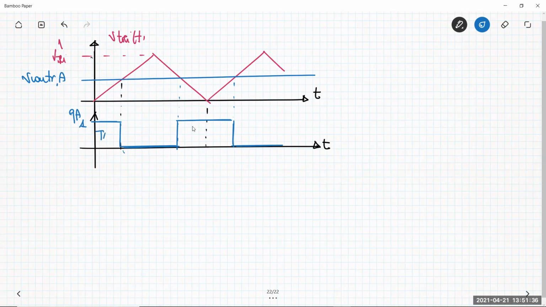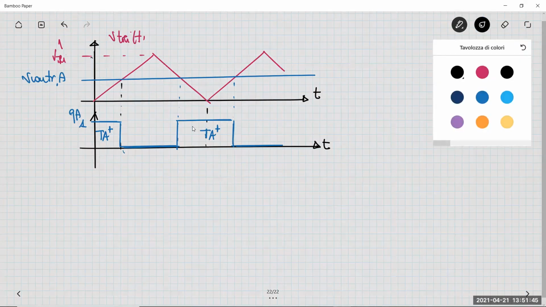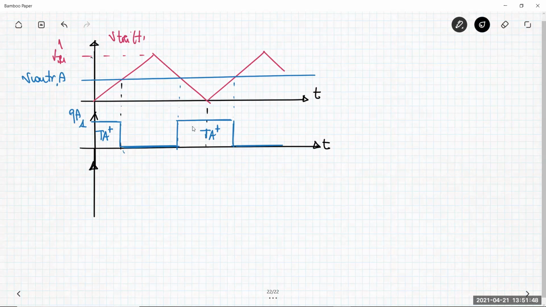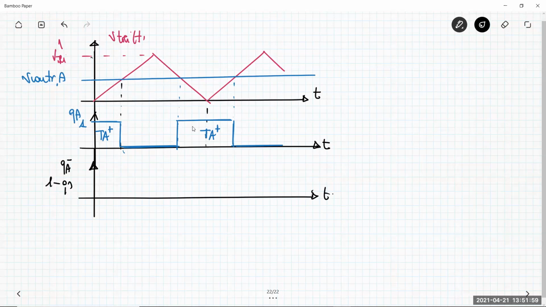So you have TA plus on here, and TA plus on here. What happens to the unitary switching function QA minus? QA minus is 1 minus QA. And so this is something like this. So here TA minus is on, and TA minus is on.